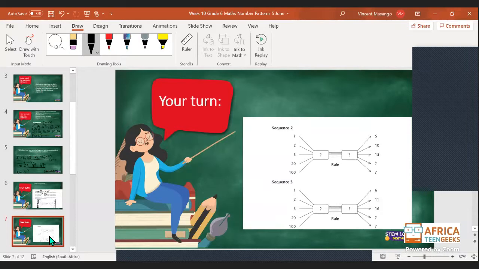Okay, we're going to do just one of these, and then we should be done. Right, please look at the first one. To get to 5, what took place? What was the process?